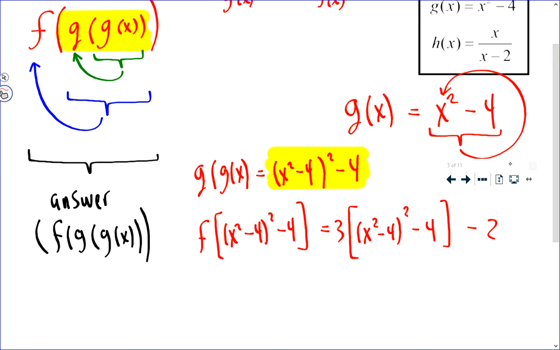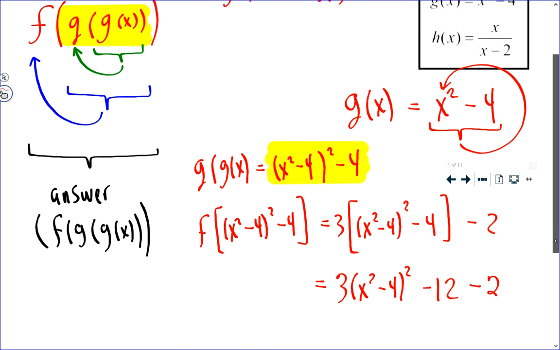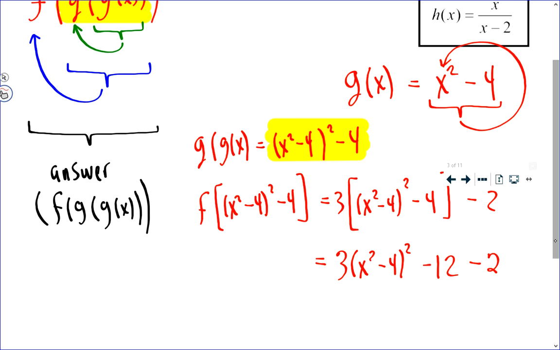I would choose in this particular question to multiply that 3 through to get 3 times x squared minus 4 squared minus 12 and then minus 2, just because then I can bring the 2 and the 12 together and get my answer, k of x, which is f of g of x, is 3 times x squared minus 4 quantity squared minus 14.